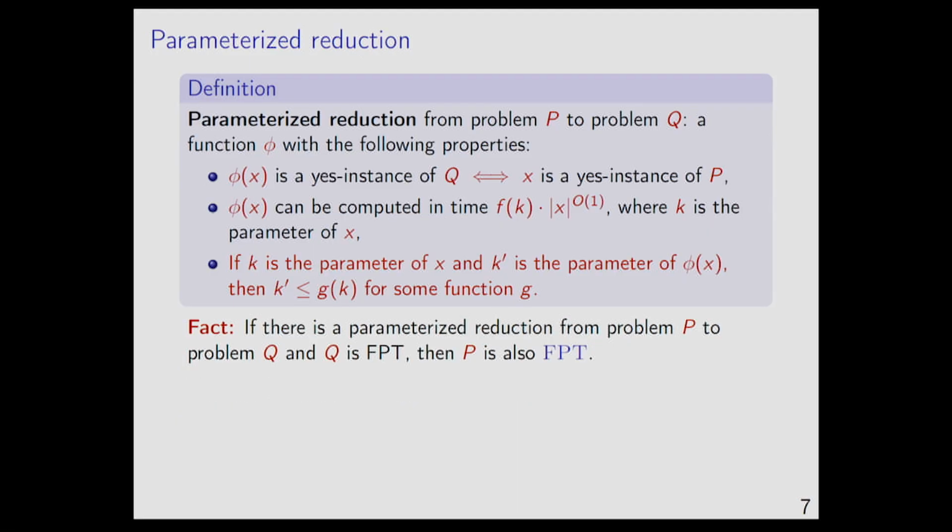So first let me define what parameterized reductions are. What did we define in the world of P versus NP? It was a reduction which took polynomial time. Now I allow myself to take FPT time, because ultimately my goal is to solve the problem in FPT time. So if it takes FPT time, it just adds an FPT time to the whole running time. That's perfectly fine.